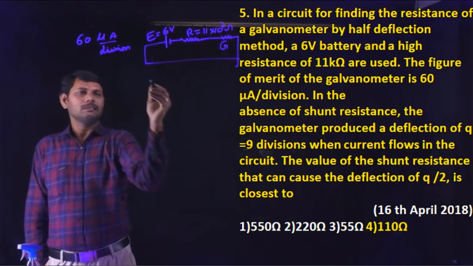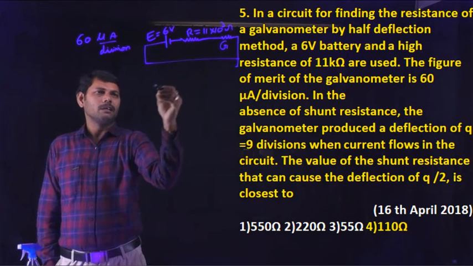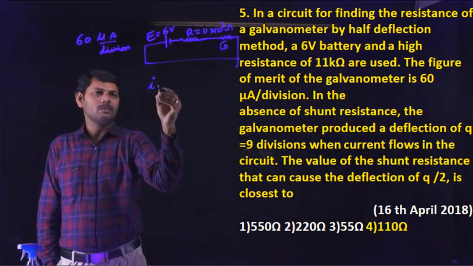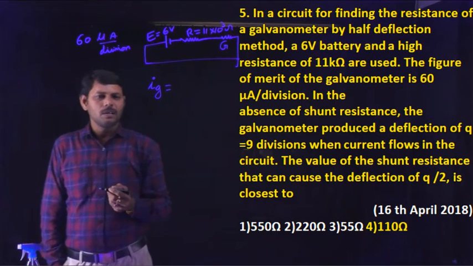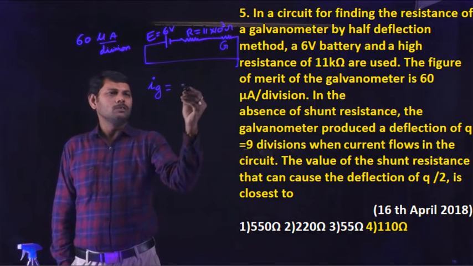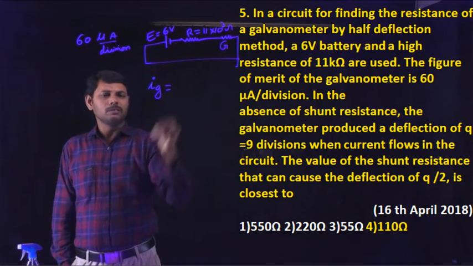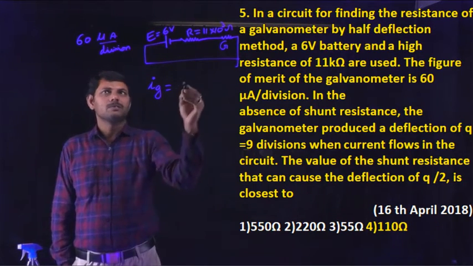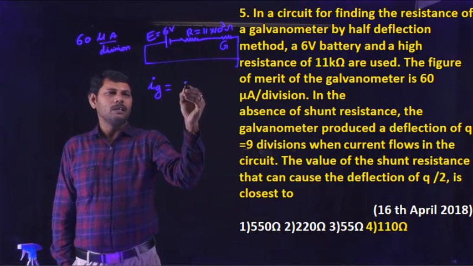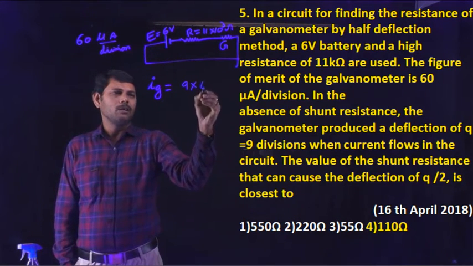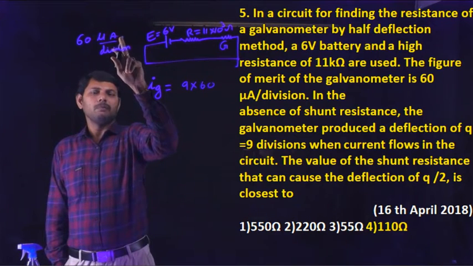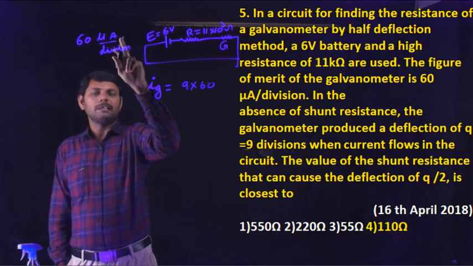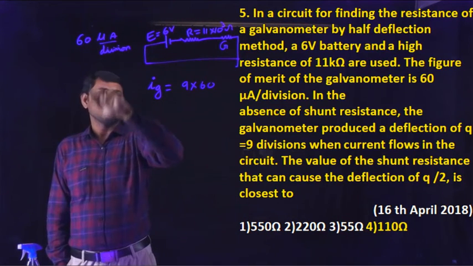Therefore, the current measured by the galvanometer is Iz, the current corresponding to 9 divisions. So 9 into 60 microampere. From the figure of merit data, we understood that each division measures 60 microamperes.